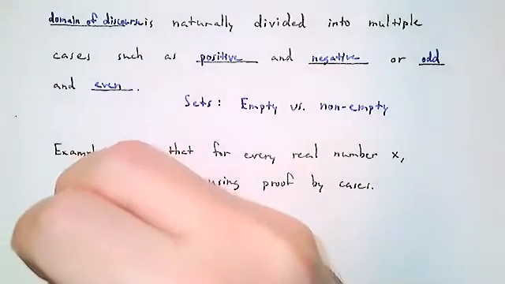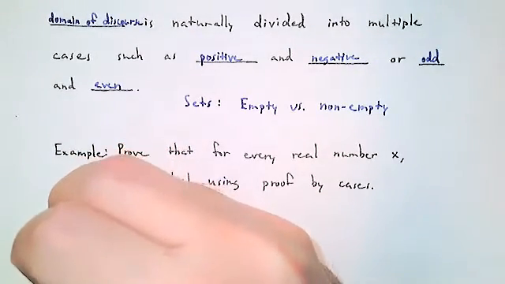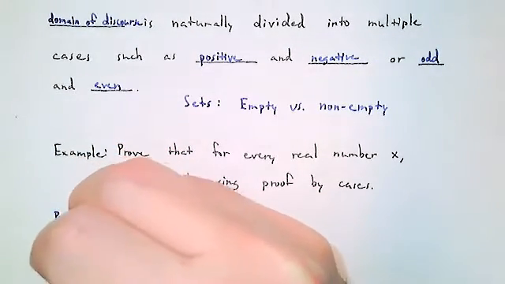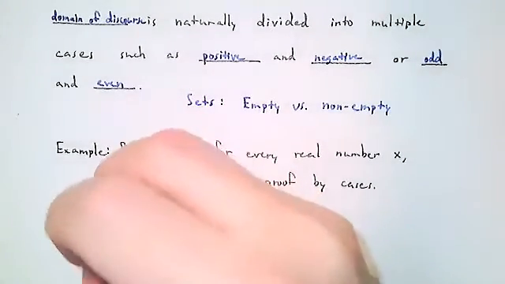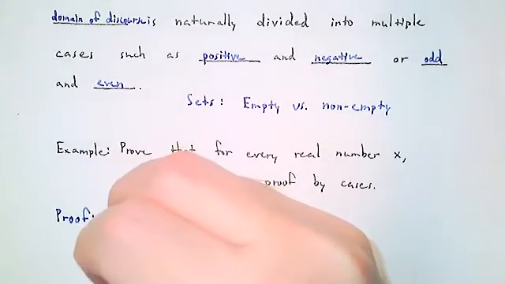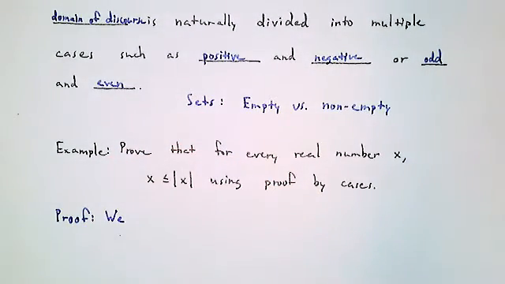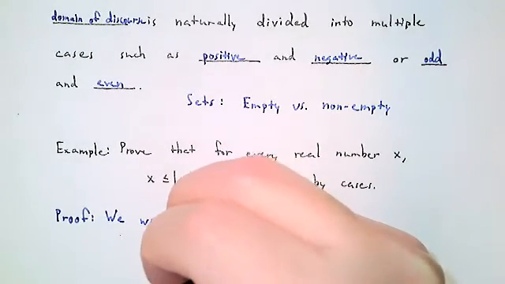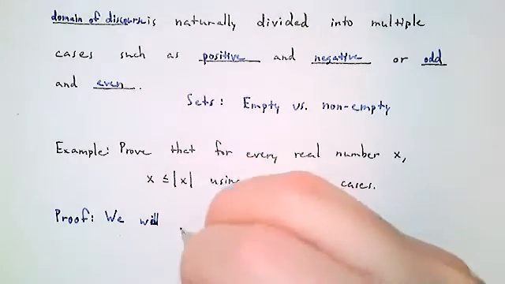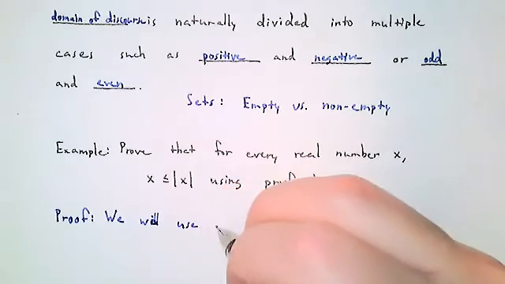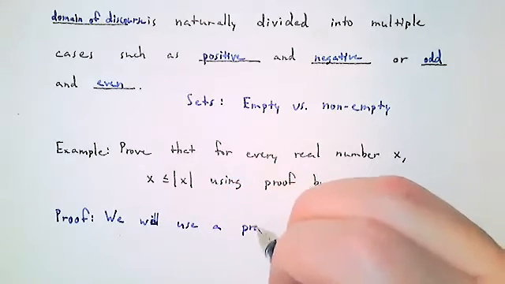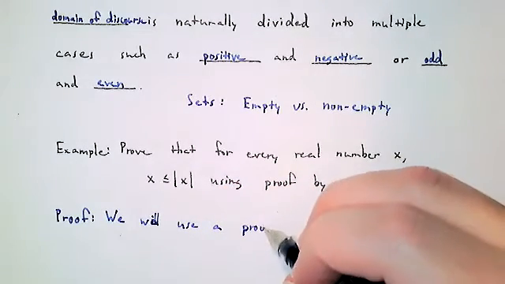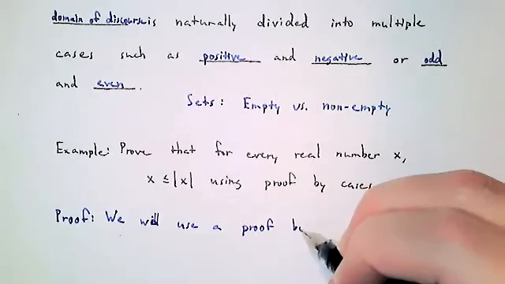So let's just start writing. And maybe just let your reader know before you start writing your cases what you're going to do. So just say something like, we will use a proof by cases.